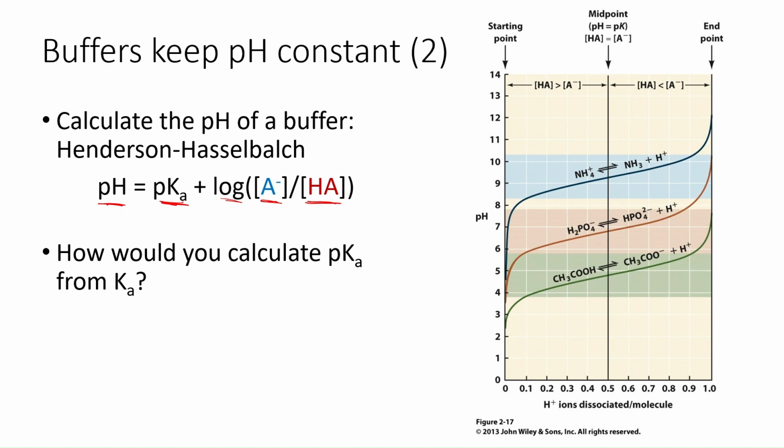For a buffer system where you have both the acid and its conjugate base, at that midpoint where half of the protons are dissociated, you have what's referred to as the pKa, and the pKa is the pH at which you reach that midpoint. And the equation that you can use to calculate the pKa, if you have a known Ka, is written here. So the pKa is equal to negative log of Ka.